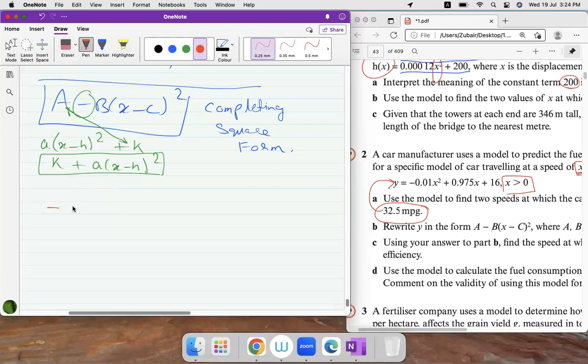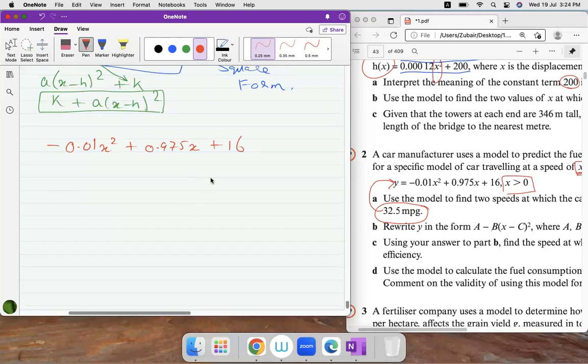So our main equation is negative 0.01 x square plus 0.975 x plus 16. So for completing square, step by step, our first step is making the coefficient of x square as 1. So I will take out common negative 0.01 and I'm left with x square.